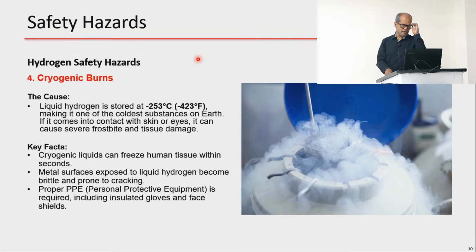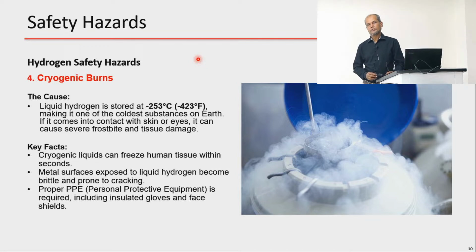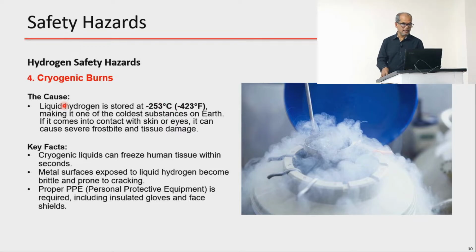Another thing, you already know that hydrogen can be stored as a gas at very high pressure, or as a liquid at very low temperature, and also as a solid. But when liquid hydrogen is stored, it is at minus 253 degrees centigrade, making it one of the coldest substances on earth.